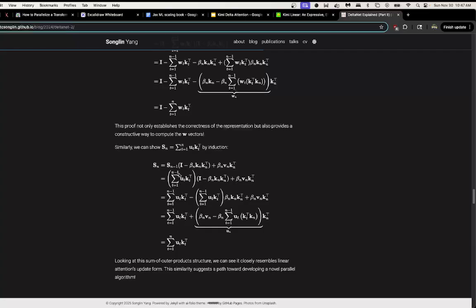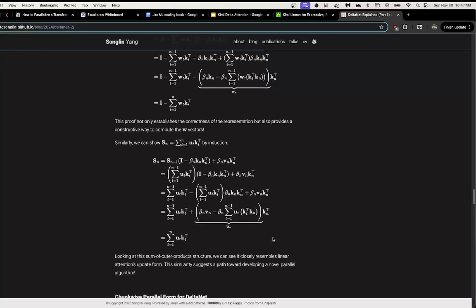Now we can multiply this out. Identity times this summation is just that summation, and this summation times this term is this product here. And then finally we still have our beta v k_t. Again, we see that k_t is something both of these terms have in common, and we extract it.